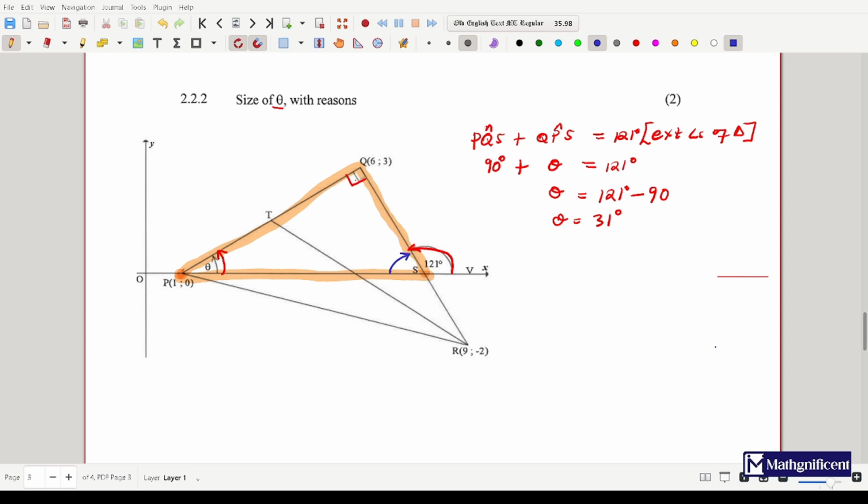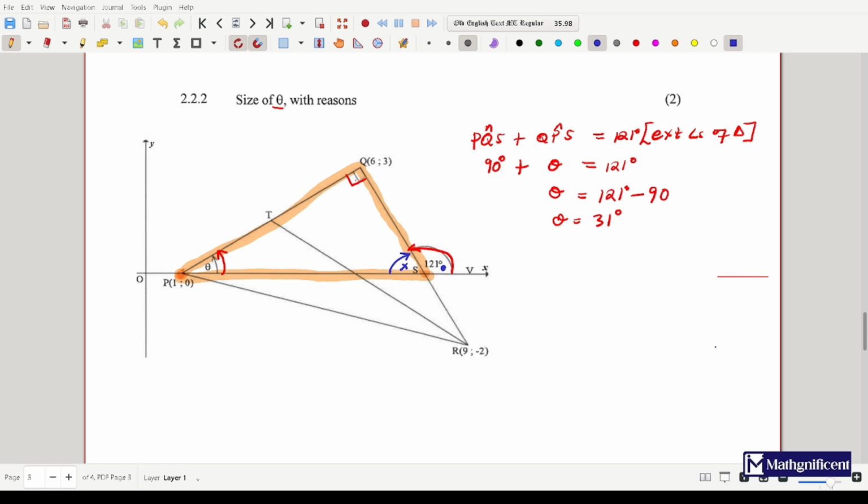So looking at this angle and this angle, when we add the two angles, we expect to get 180, right? So meaning that we can first get this size here.